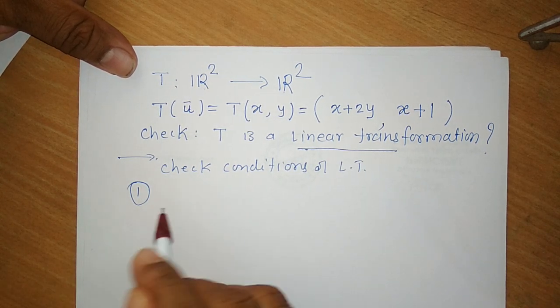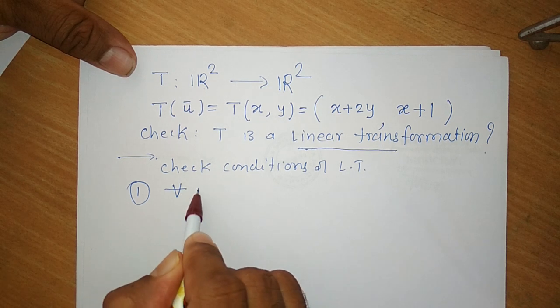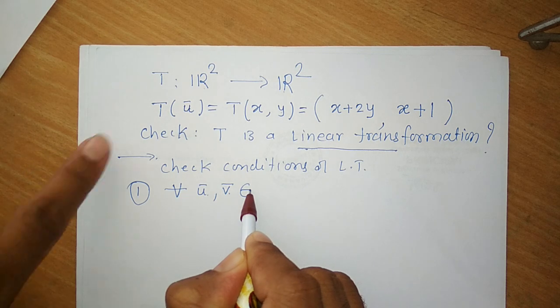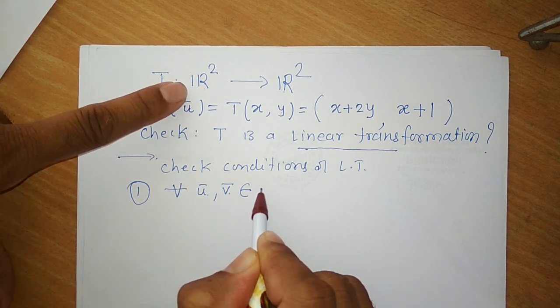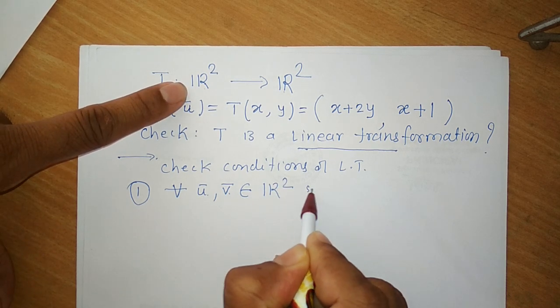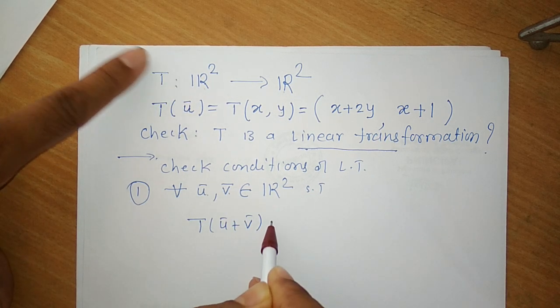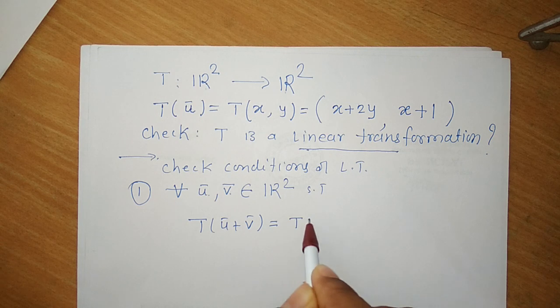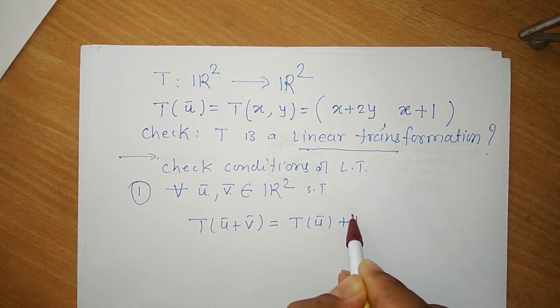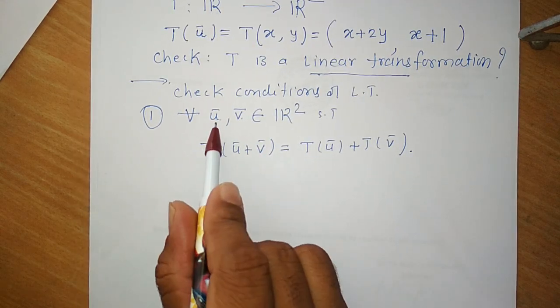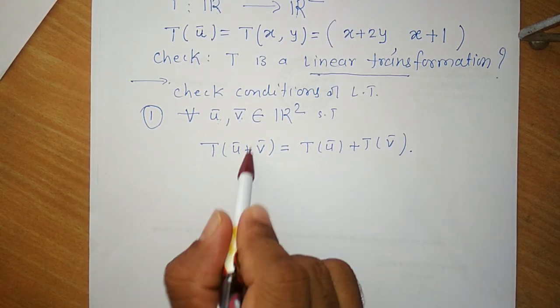The first condition is: take any two vectors u bar and v bar in the domain set, that is R raised to 2, such that T of u bar plus v bar must be equal to T of u bar plus T of v bar. How to check this condition?